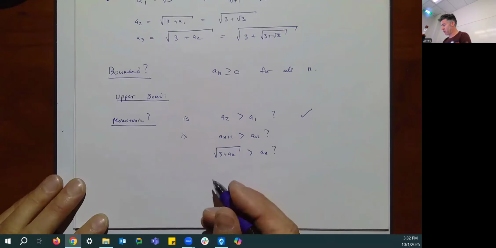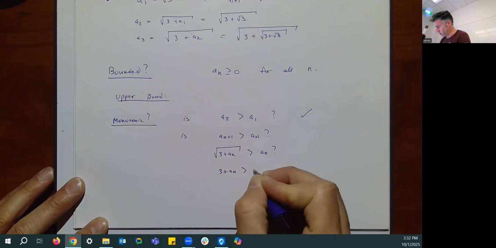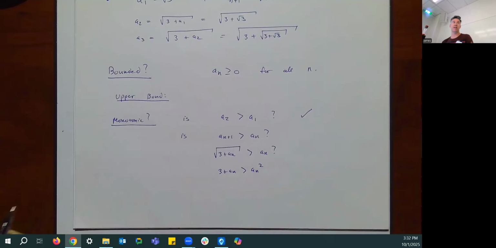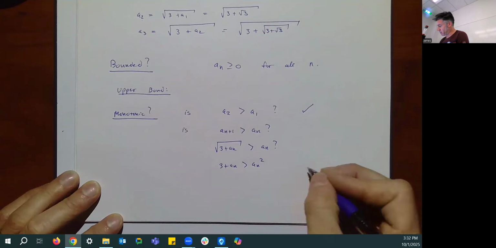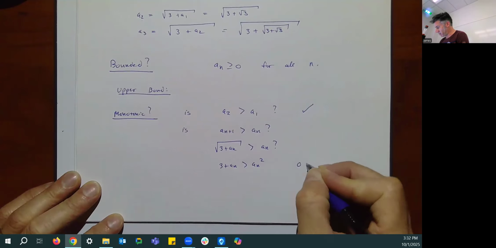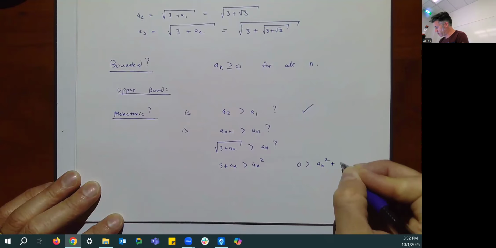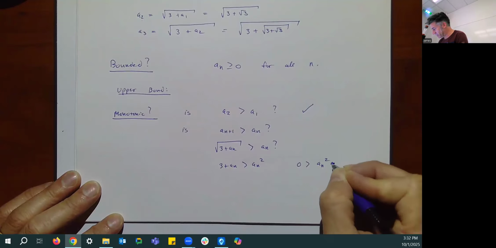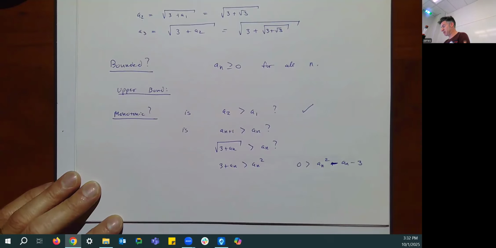So let's square both sides, which is totally legit in an inequality as long as both sides are positive already, which they are. And then I'm going to bring everything to one side. So I'm going to say 0 is bigger than a sub n squared minus a sub n minus 3.